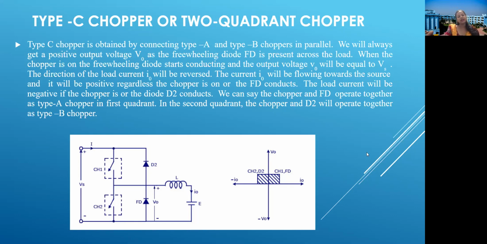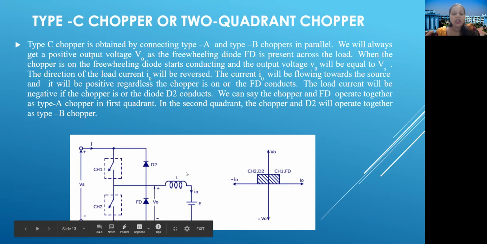Now this is the circuit arrangement of type C chopper. In type C chopper, type A and type B choppers are connected in parallel. See, you can see here chopper 1, freewheeling diode, inductor, load EMF. This is type A chopper or step down chopper. Similarly, chopper 2, diode D2, inductor, load EMF.